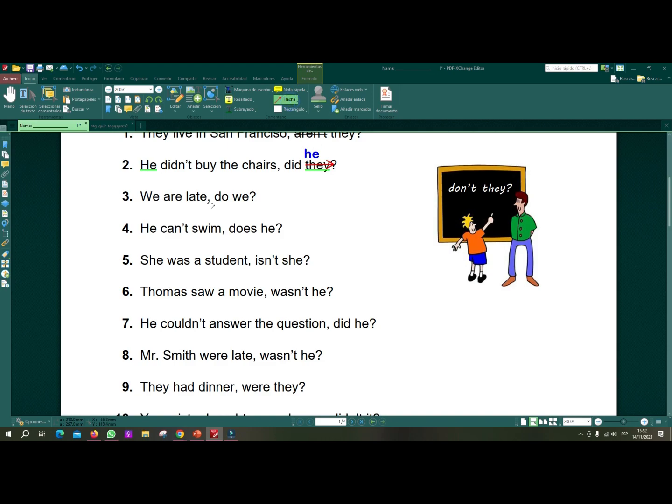So in this case, right, aren't we, that will be that one. Yes, because here you have an affirmative statement, so you need a negative tag question. And here you're using the verb to be, so you need the verb to be here.